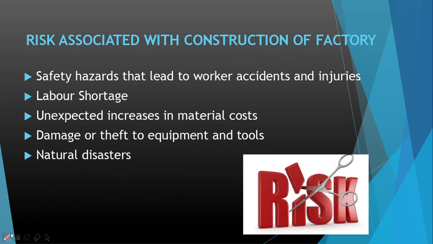Now, let us talk about some of the risks associated with the construction of a factory and how we can minimize the risk of such contingencies. The greatest risk is if a worker meets with an accident or injury, which can be tackled by taking safety measures such as wearing helmets, proper boots and other safety equipment required at a construction site.